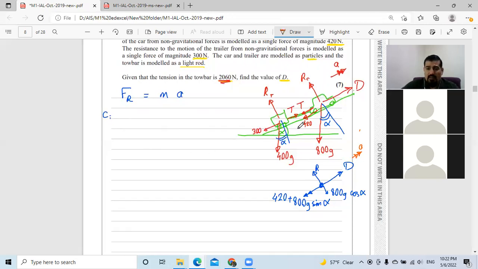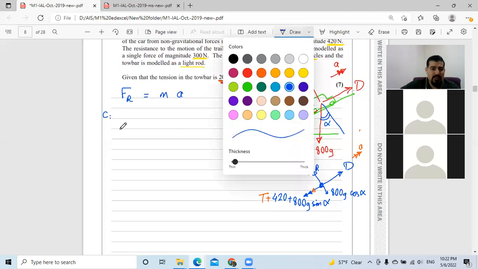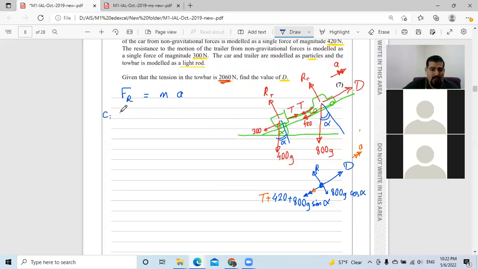So the same thing here, we also have the force of tension. So what is the resultant force that acts on the car? On the car, we can say the driving force forward and all these forces backward. So D minus tension minus 420 Newton minus 800 g sine alpha is equal to the mass, which is 800, multiplied by acceleration.